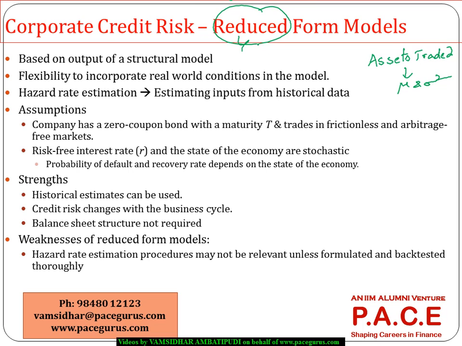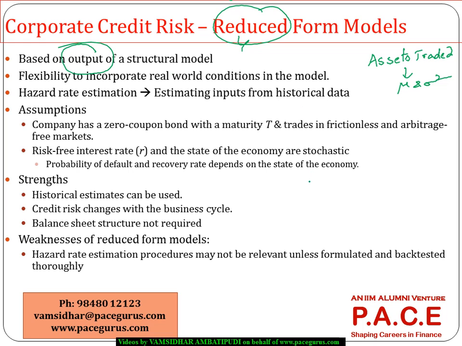Whereas when it comes to the reduced form models, that's not the case. They do not go with any kind of restrictions on the inputs, but they majorly focus on the restrictions on the output of the model.